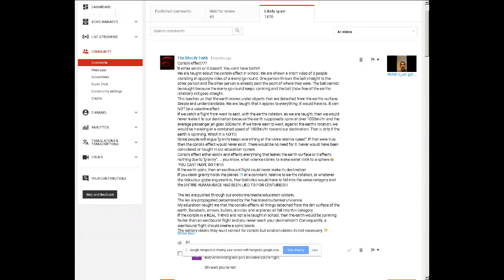Yeah. So the Coriolis effect definitely does exist, like in terms of the merry-go-round, but it is not the cause of the counter-rotation of typhoons and hurricanes north or south of the equator, because the Earth isn't spinning.